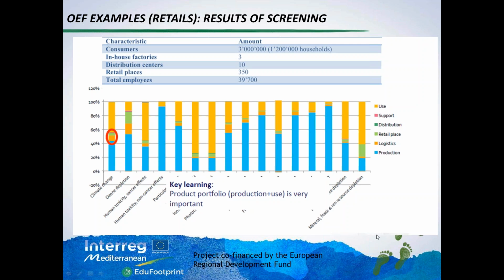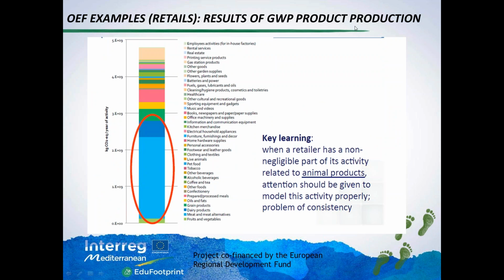Then if I bring this indicator, climate change, and I want to make an analysis about global warming potential of production, I can see that the activity related to animal products has a big influence on global warming potential.